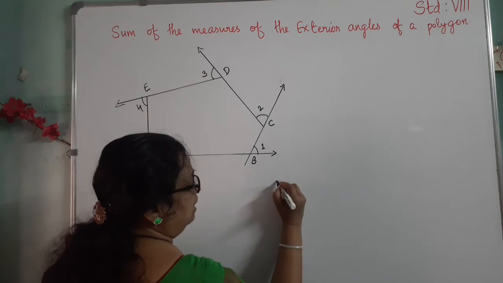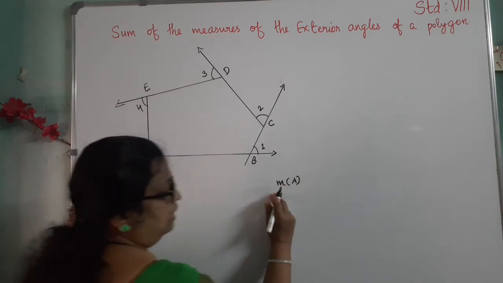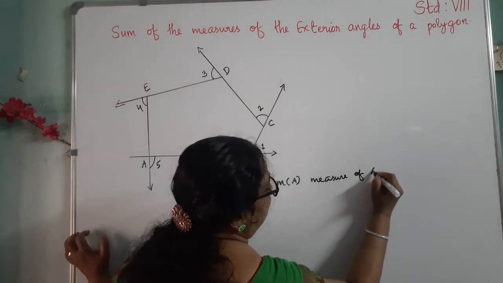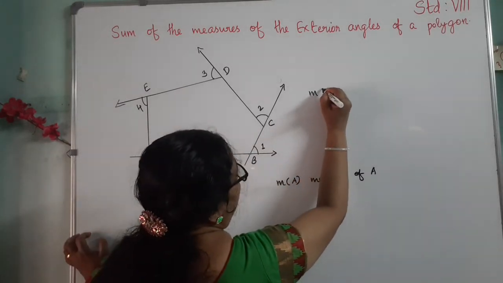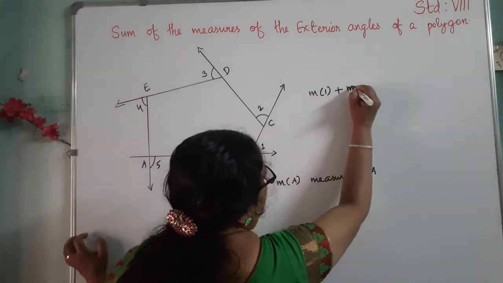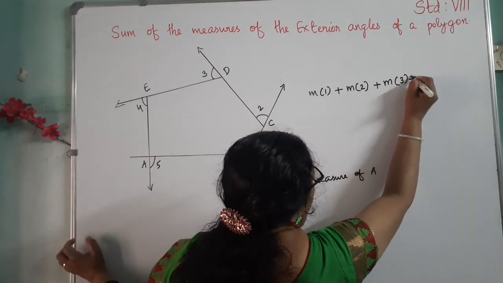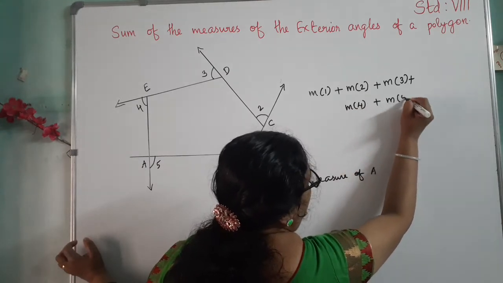Measure of A is denoted by small m, then in brackets A. It is the measure of A. Then we can find out measure of 1 plus measure of 2 plus measure of 3 plus measure of 4 plus measure of 5.